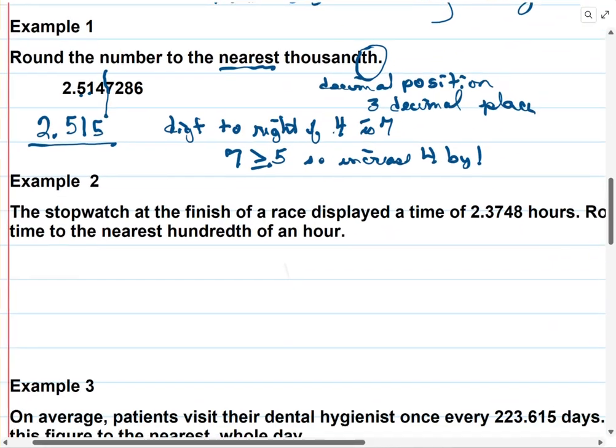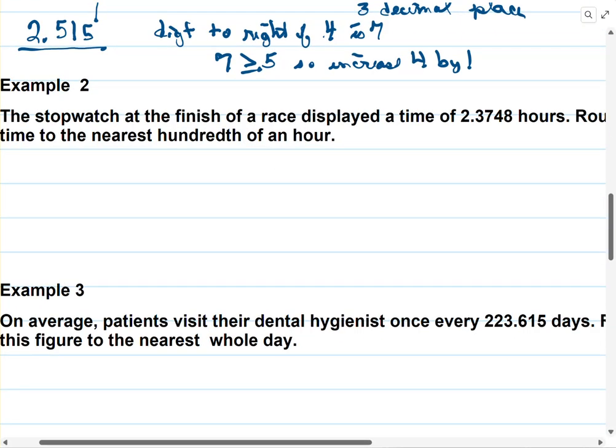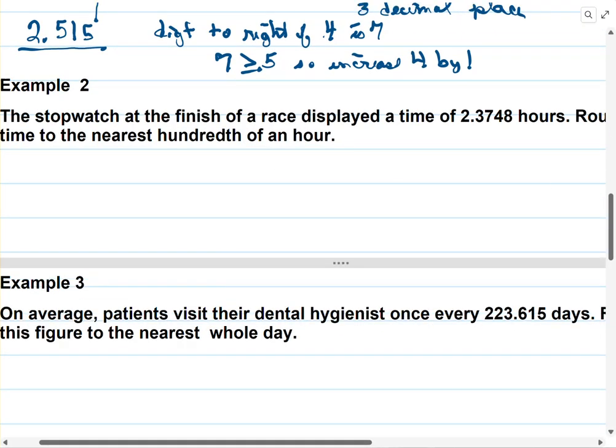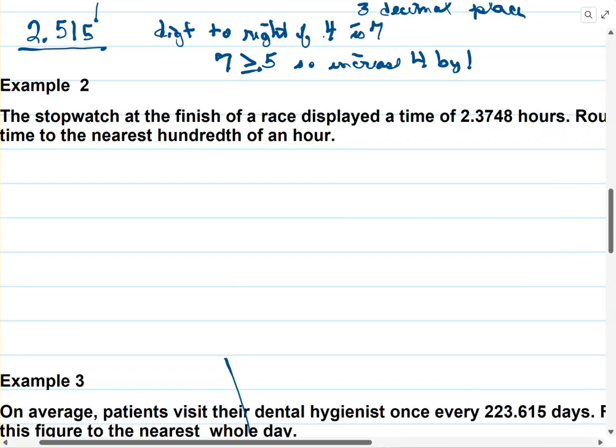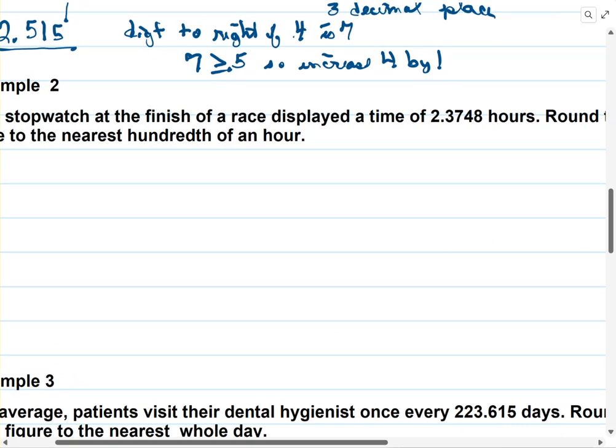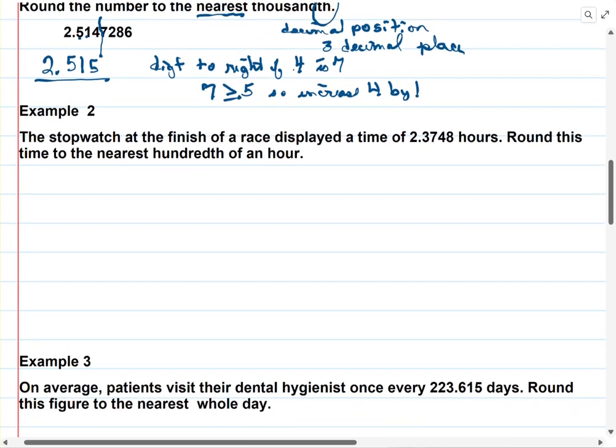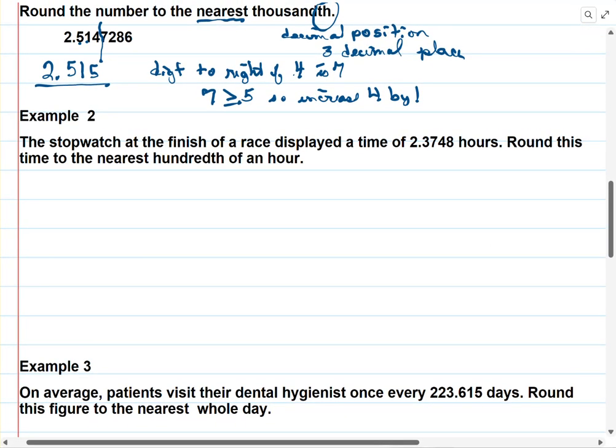All right. So on this next example, I've got to make it smaller so you can see it. The stopwatch at the finish of the race displayed a time of 2 and 3,748 ten-thousandths hours.